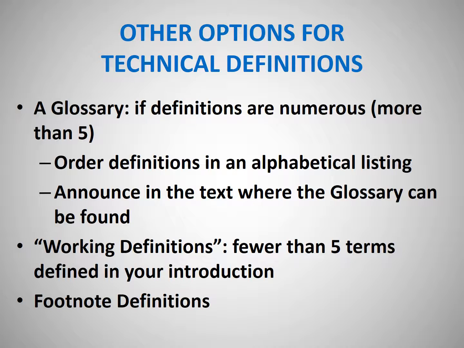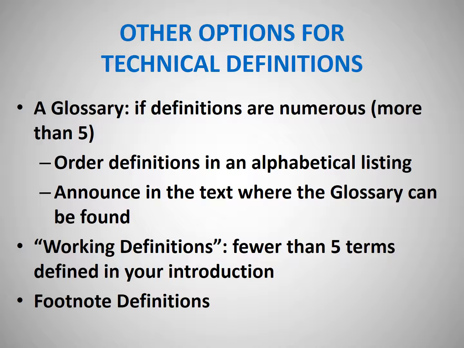And let's finish just by talking about a few other ways that you can put technical definitions into a document. First of all, if you have a lot of words being defined, a lot of terms, a lot of concepts, because you really believe your audience needs that level of support to understand what you're writing. A rule of thumb is more than 5.